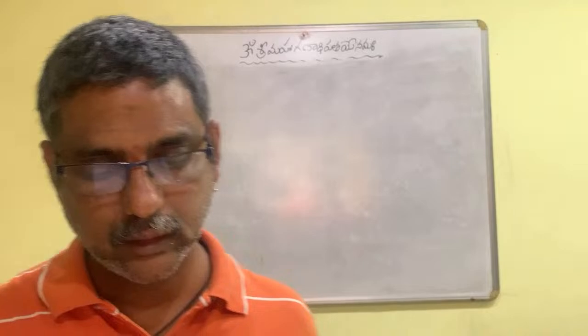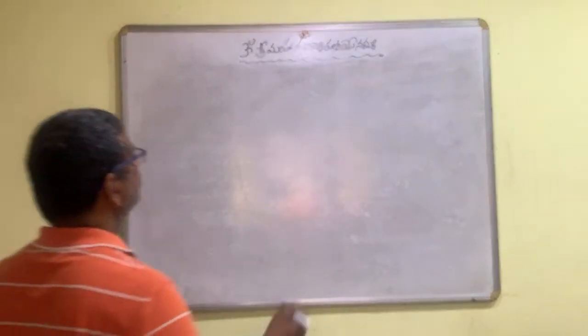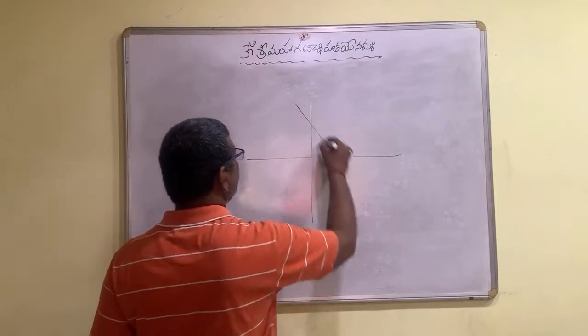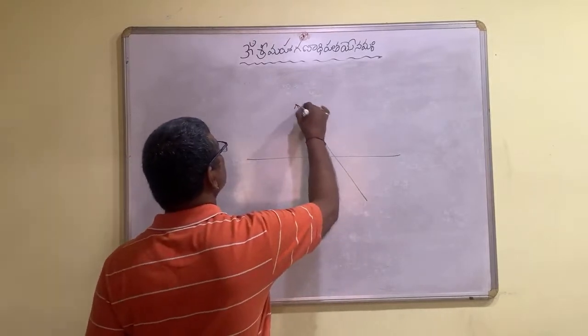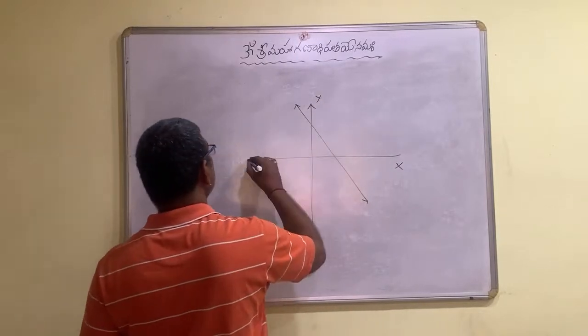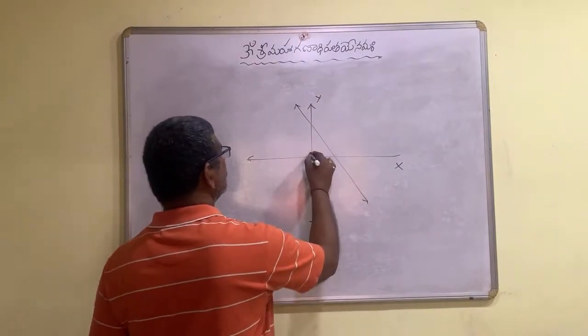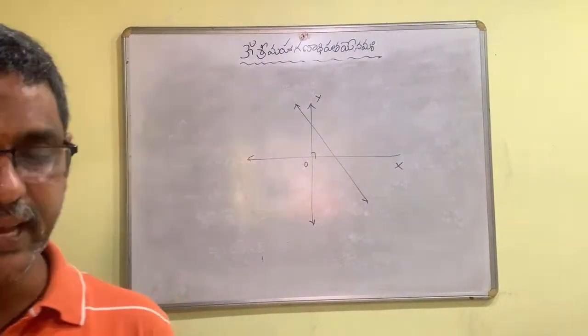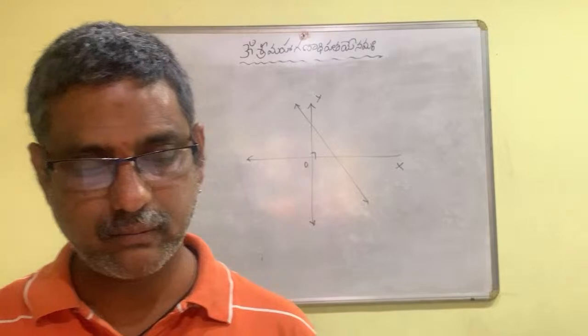A line intersects both the x-axis and y-axis.